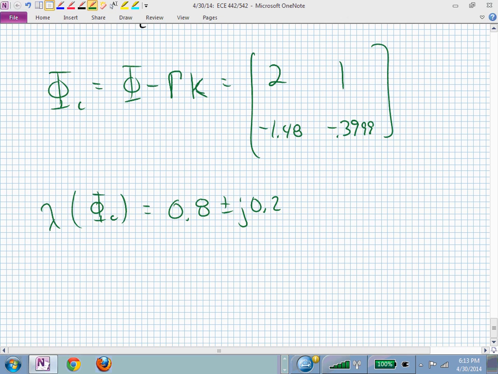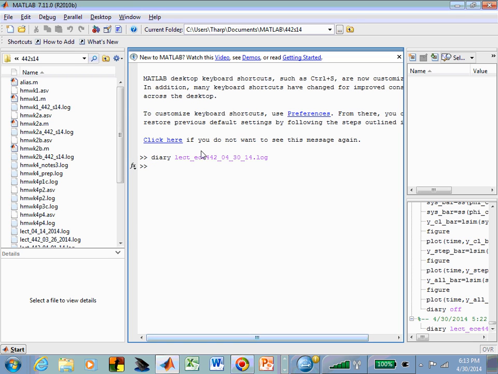Questions on that? And that's how you could do this by hand. If you had MATLAB available, which you won't have during the exam, you could use MATLAB, let's say to check your work on homework number 8, if I ever assign homework 8. Here is our phi matrix, which was what? 2, 1, and then nothing in the bottom row.